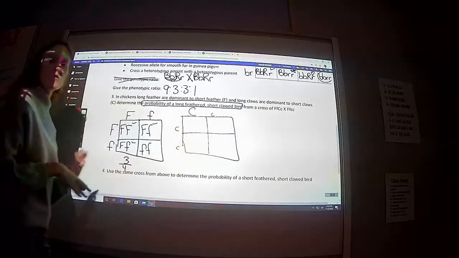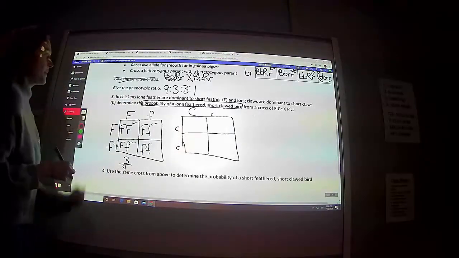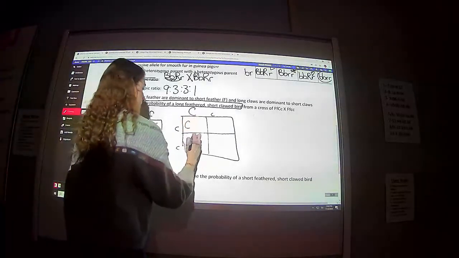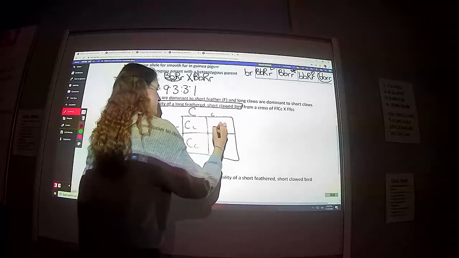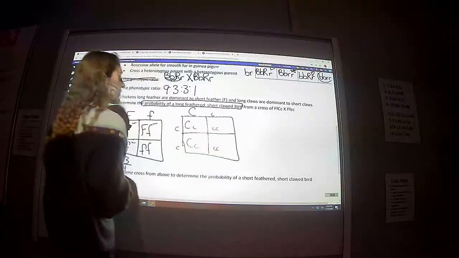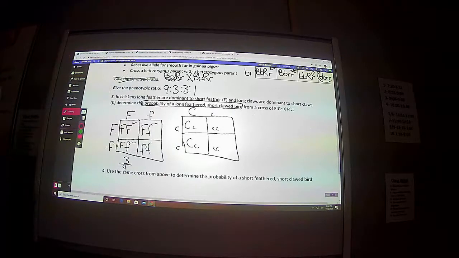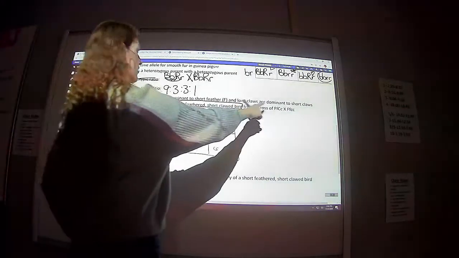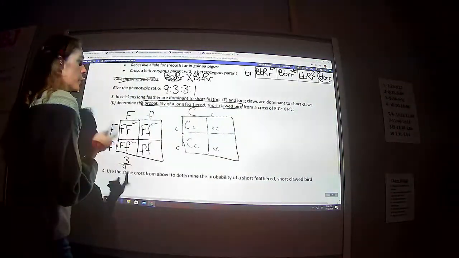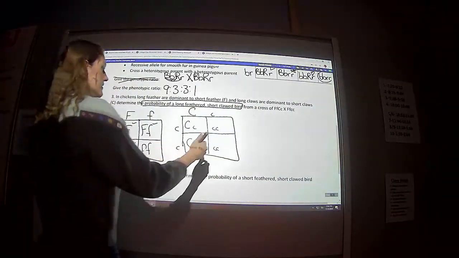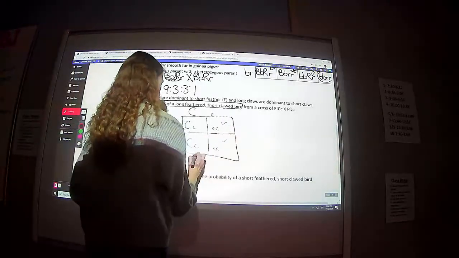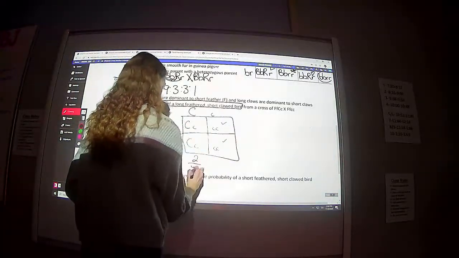I'm trying to make those smaller so you can definitely see that one is dominant. I'm looking for a short-clawed bird. Short is going to be the dominant one there, right? No, sorry. Long claws are dominant to short. So we are looking for the lowercase c's. So I have 2 of those. So I have 2 out of 4 there.